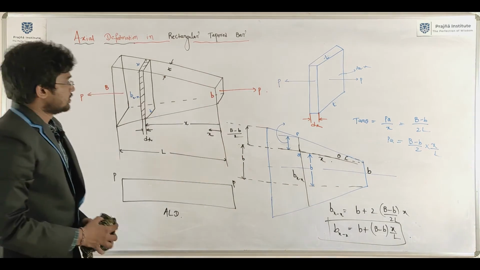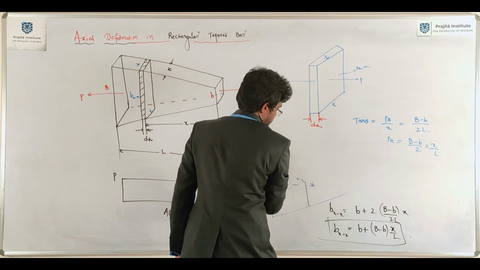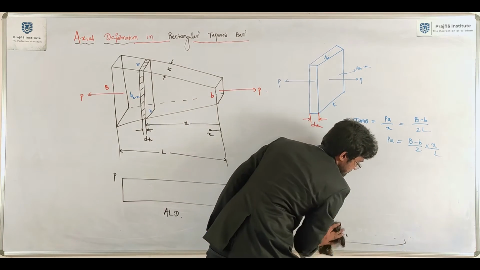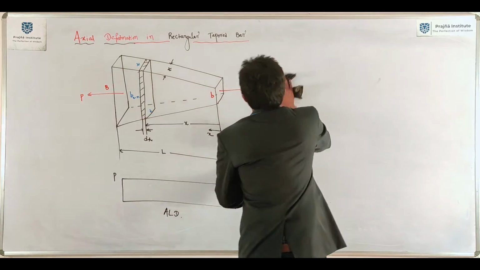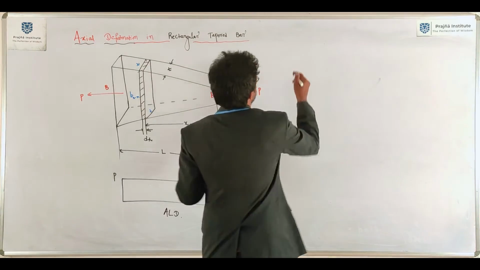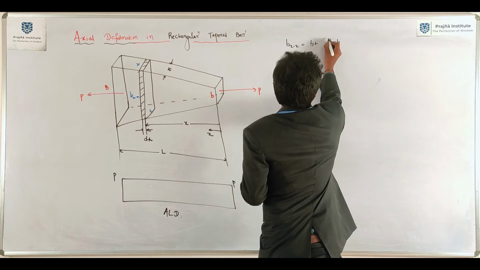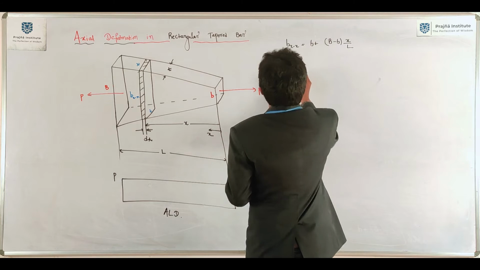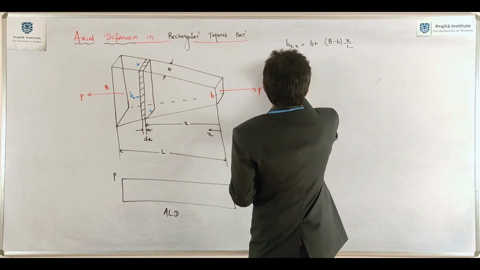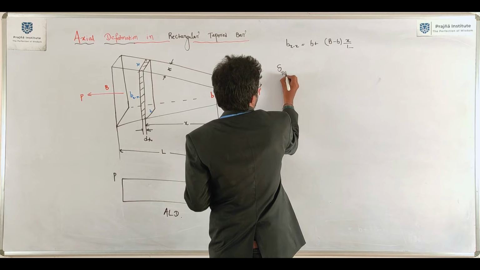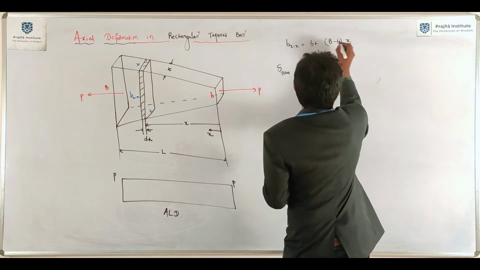Completed? Now, just now we built an expression bx equals b plus (B minus b) into x by L. Now delta total equals integral of 0 to L of P dx by what is the area?